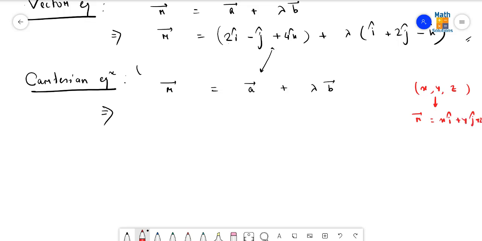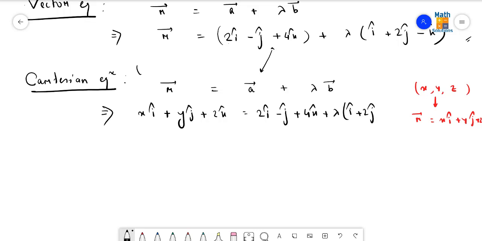Actually, we are going to remove the vector notations. So x i cap plus y j cap plus z k cap is equal to 2i cap minus j cap plus 4k cap plus lambda times i cap plus 2j cap minus k cap.